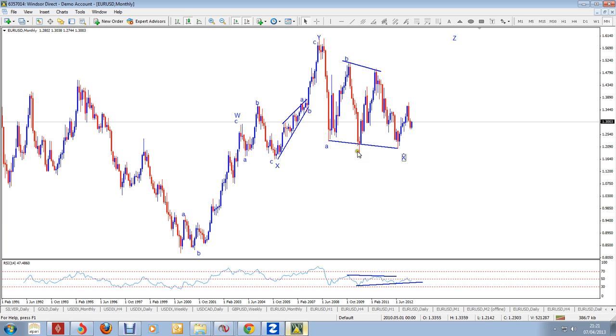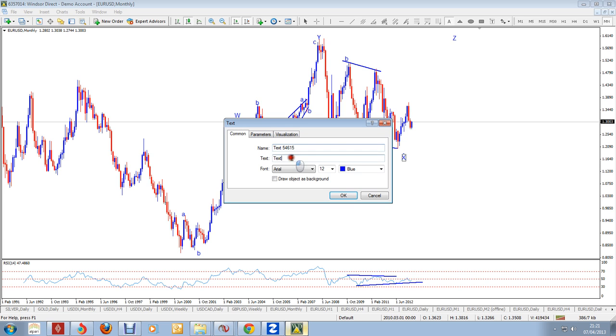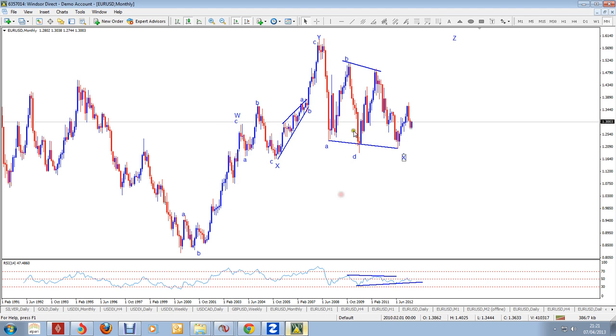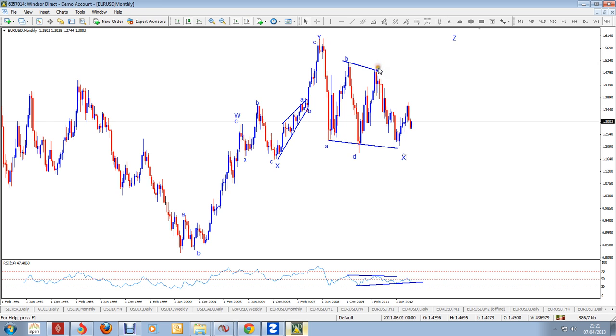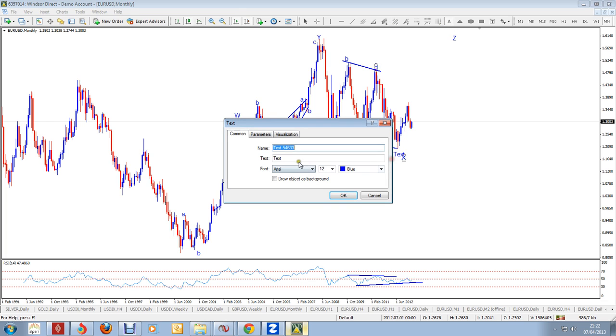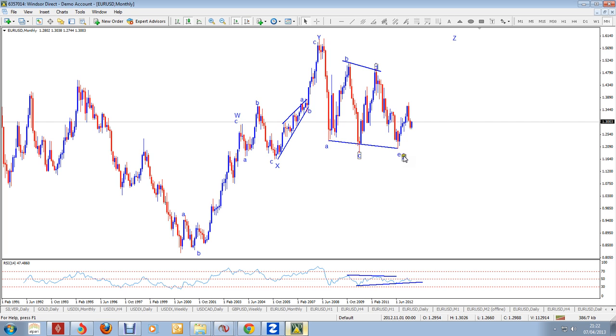Then we've got A, B, C down to give us a wave D. Then we have A, B, C going up to give us, I'm forgetting my alphabet, this one C, this one D, and then we've come down to form a wave E. So I think that's where I'm sticking my neck out and saying that this is where this pattern concludes.